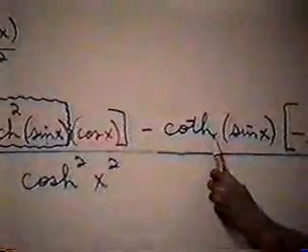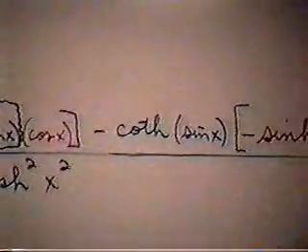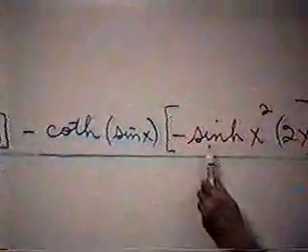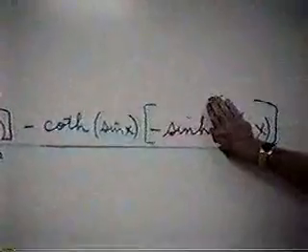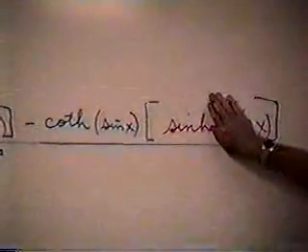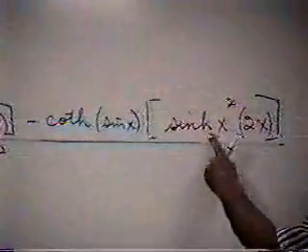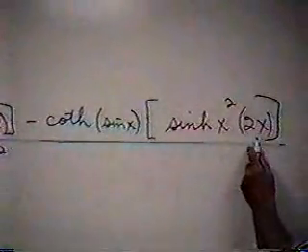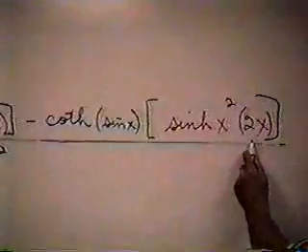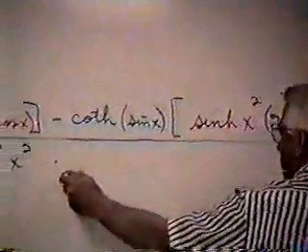The top one is hyperbolic cotangent of sine of x, and the derivative of the bottom one is hyperbolic sine. Okay? Positive. So the derivative of hyperbolic cosine is a positive hyperbolic sine of the object. Then the derivative of the angle, which is 2x. All over the bottom one squared. This is just part of the angle out here.